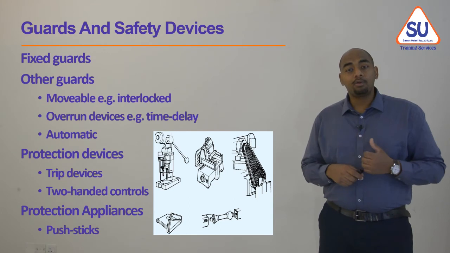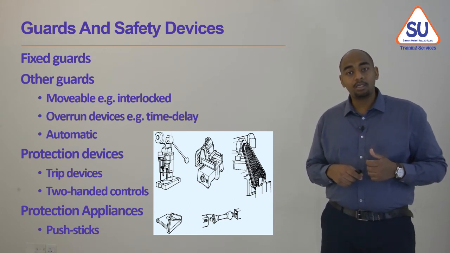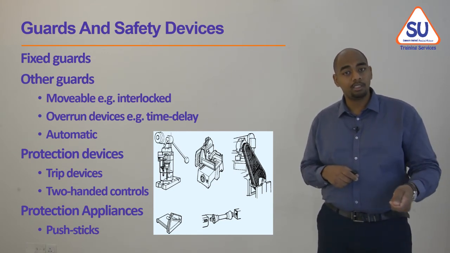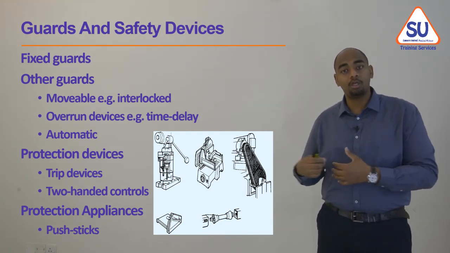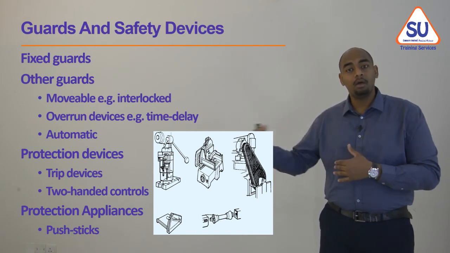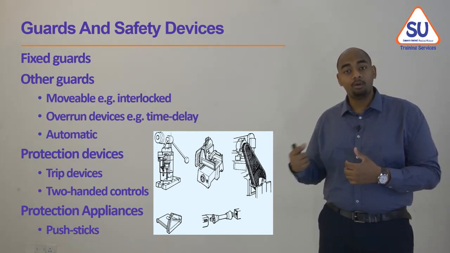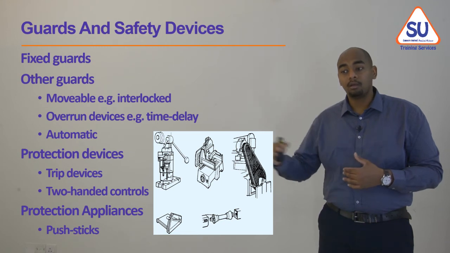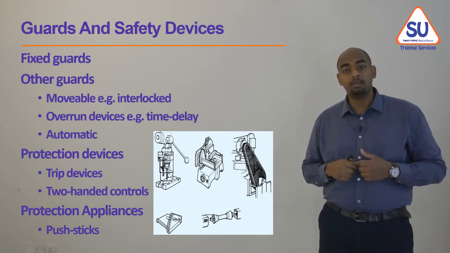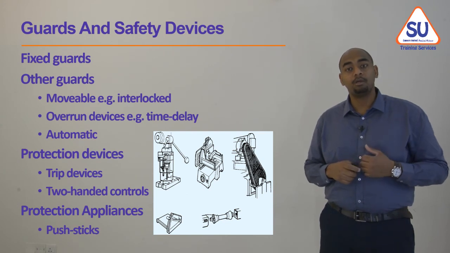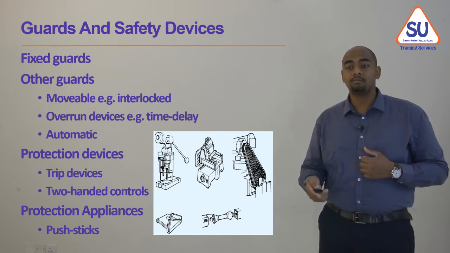Part of the protection appliances are the push sticks, which are used to avoid being close to the moving parts, like for example the rotating parts, like the conveyors on the machineries. Push sticks can be used there as protection appliances.